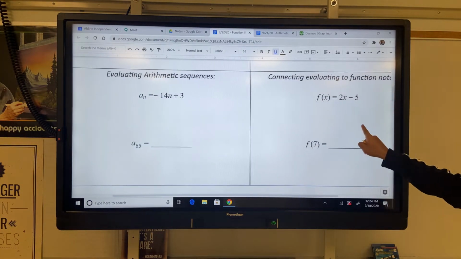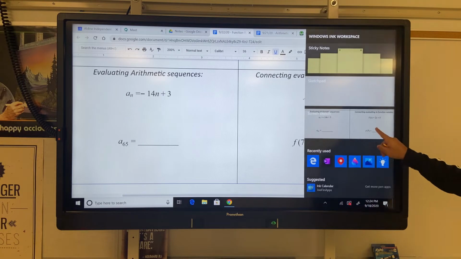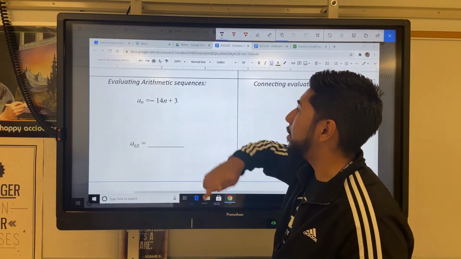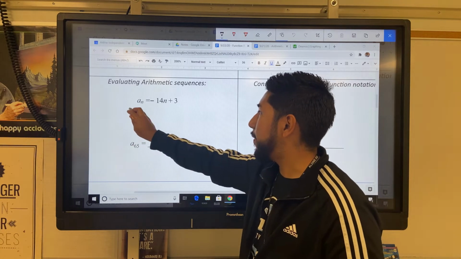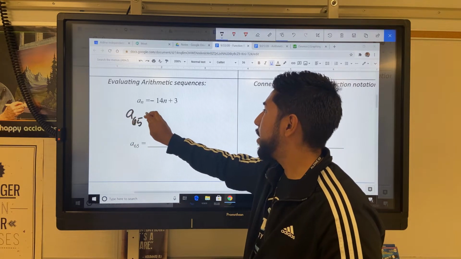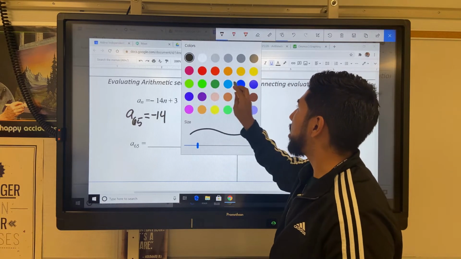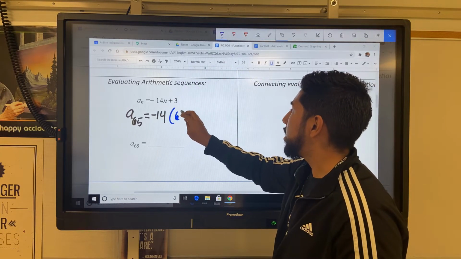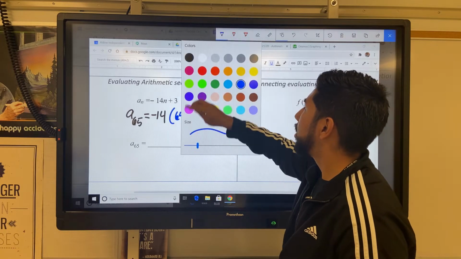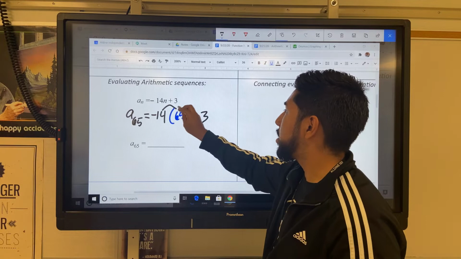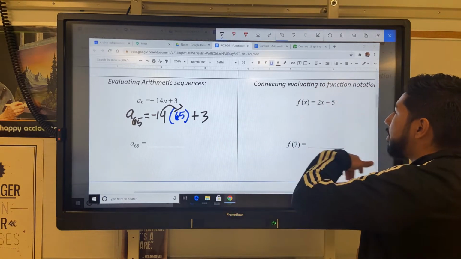This is just an example to show you we can evaluate because it's the same type of thing. So we need A65, where A of n equals -14n plus 3. Instead of n, I'm going to use 65, plus 3. Multiply, add, and you get your answer.